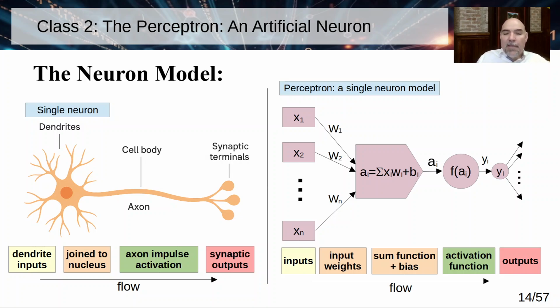Now, that next shape over there, that next box where all that data flows into, is essentially like our thing summing all of those inputs in the cell body that's going to then fire through the axon.